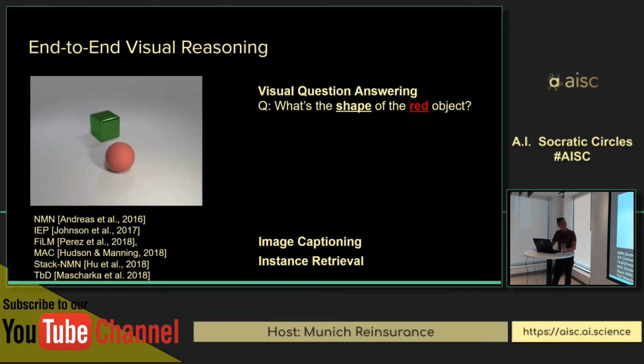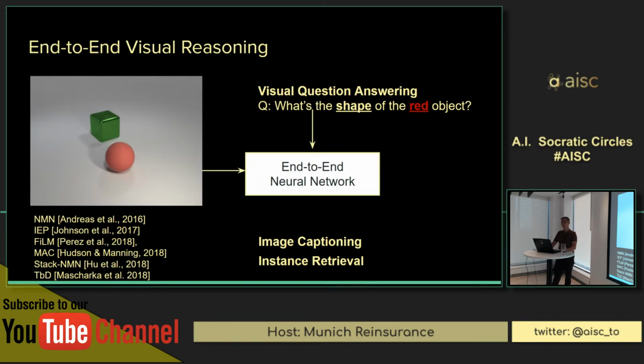Below the picture, you can see the prior art for visual reasoning in visual question answering cases. A typical flavor of these models is to use an end-to-end neural architecture to predict the answer to the question.